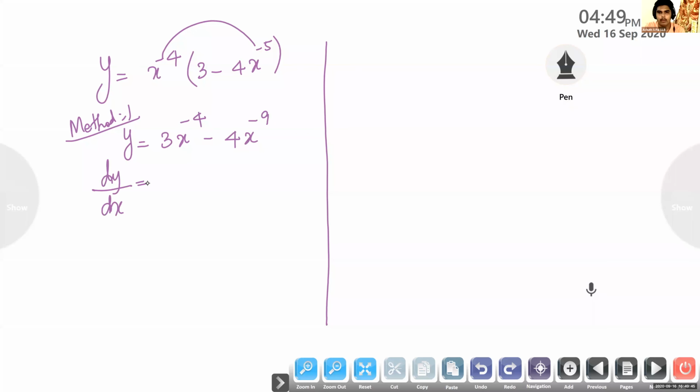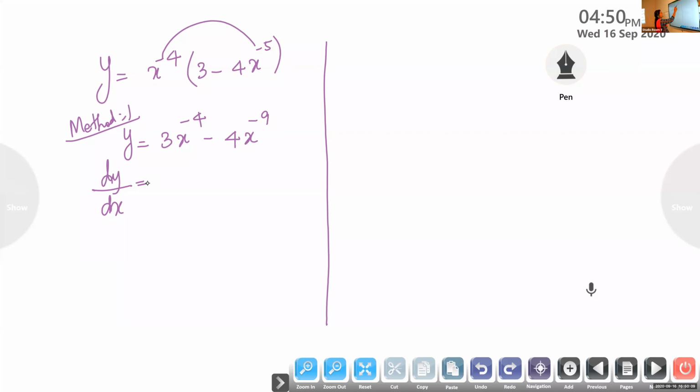Ma'am, I have a doubt. When we are finding dy by dx, should we take minus 4 into 3 or positive 4 into 3? Minus 4 into 3, when you find dy by dx?